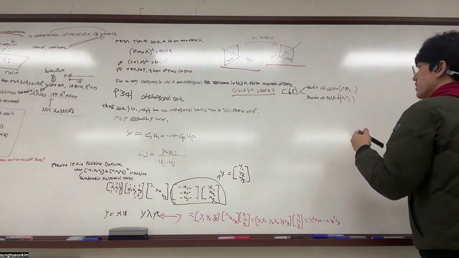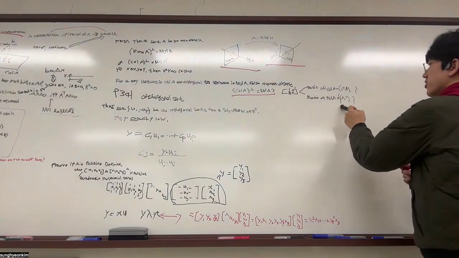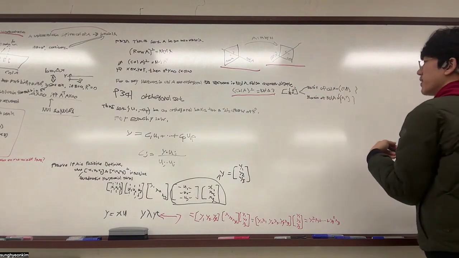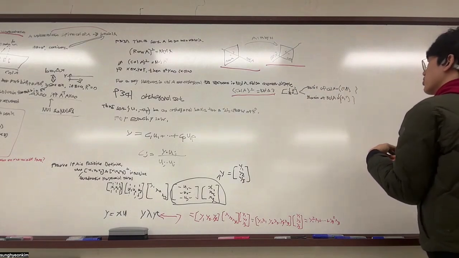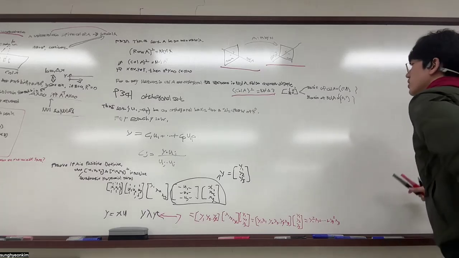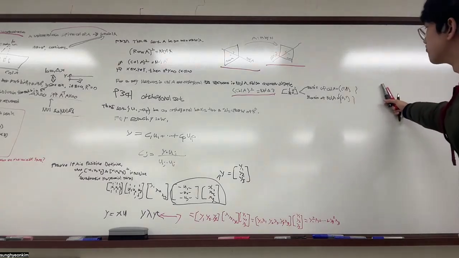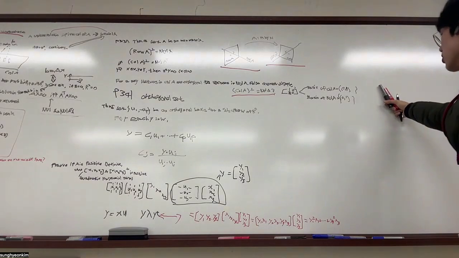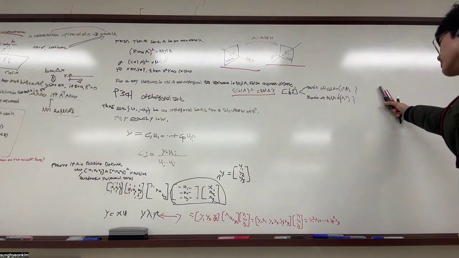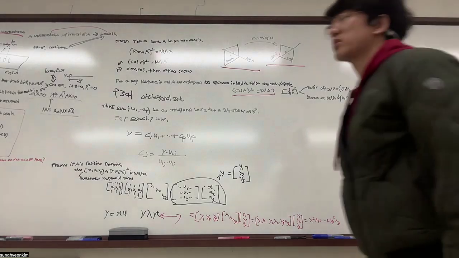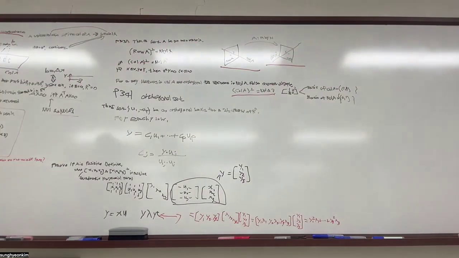Then we can make a counterexample with the basis of the null space as (0, 1). In this case, (1, 1). What can be a counterexample?